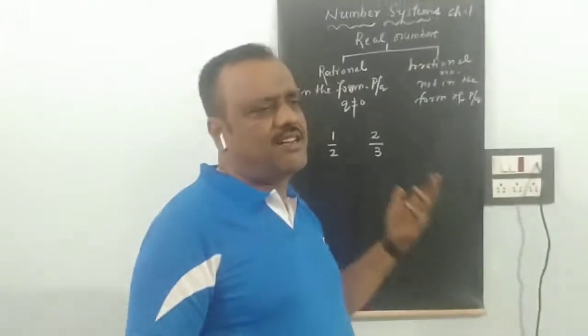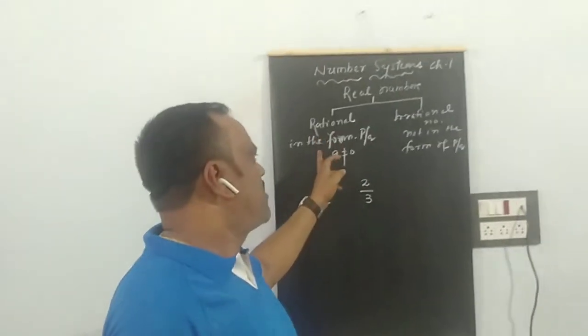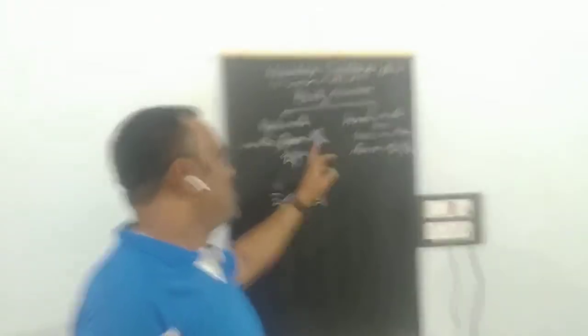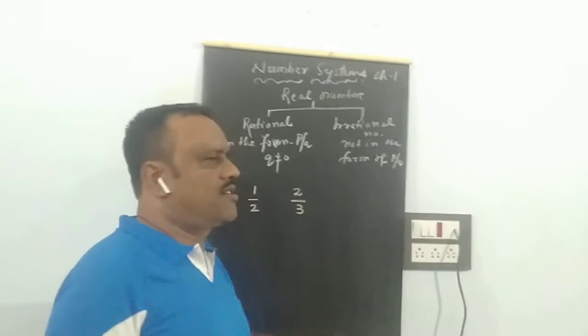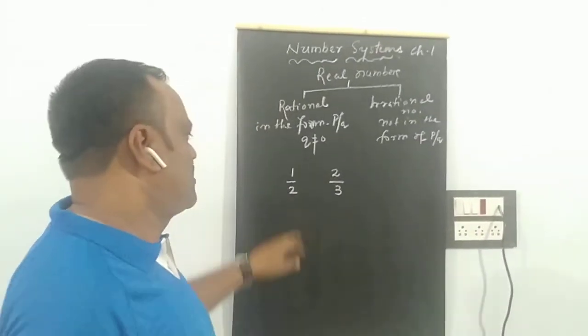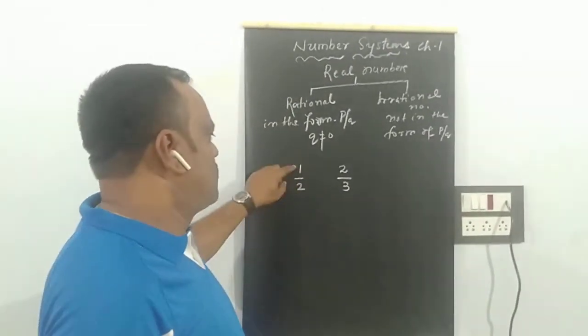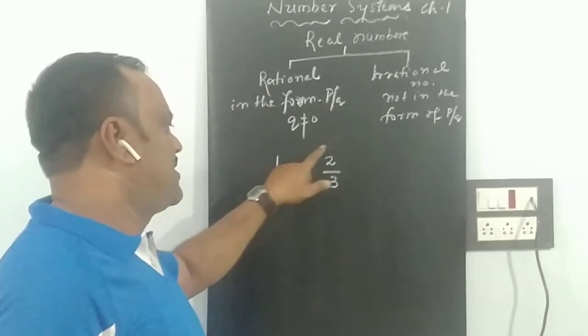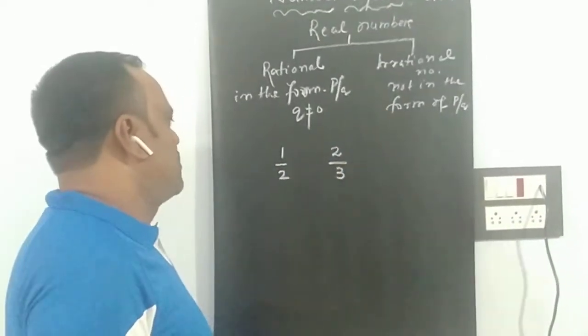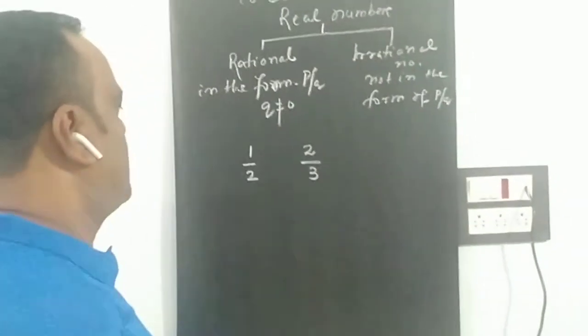A rational number is a number in the form of p by q, where q is not equal to 0. Such a number is called a rational number. Let me take two examples: 1 by 2 and 2 by 3. 1 by 2 is a rational number, 2 by 3 is another rational number.